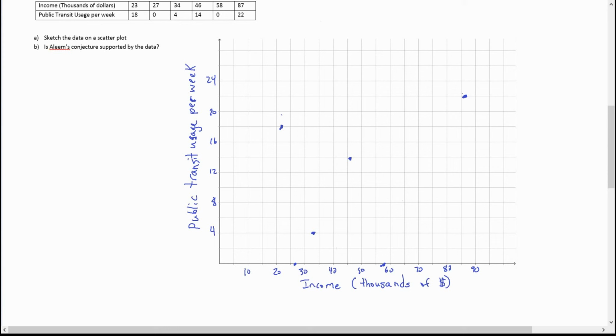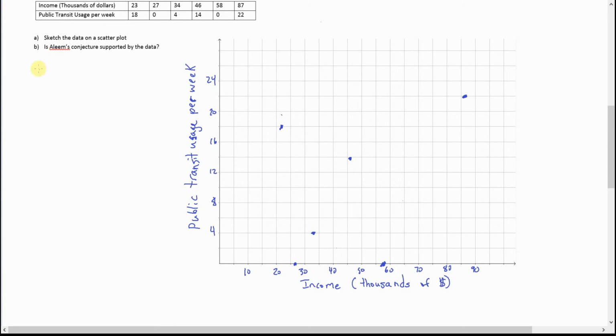Okay, so what can we see from this? Can we see a bit of a pattern? Does it seem like the more money people make, the less they use transit? The more money people make, the more they use transit? Doesn't really appear to be a pattern at all. So if there's no pattern, does it support his conjecture?